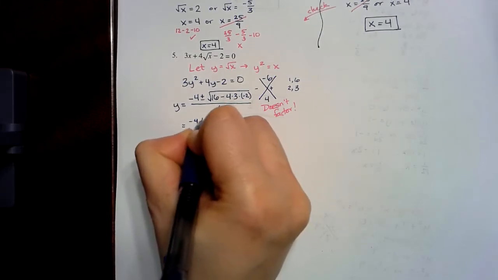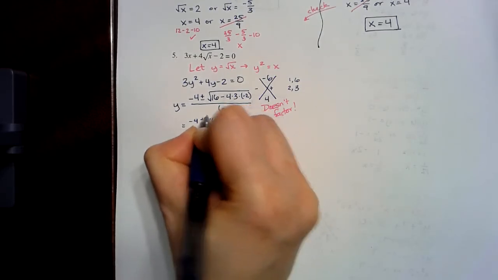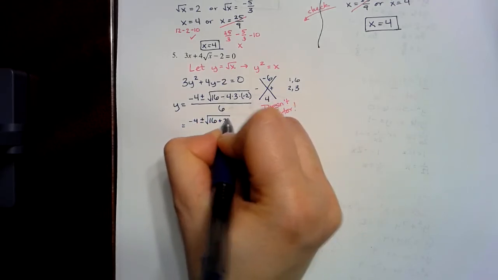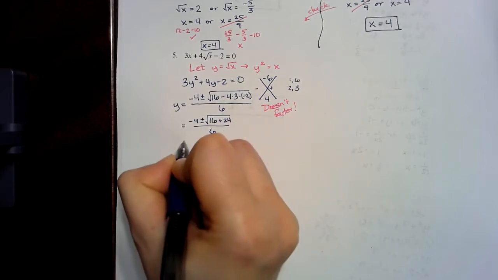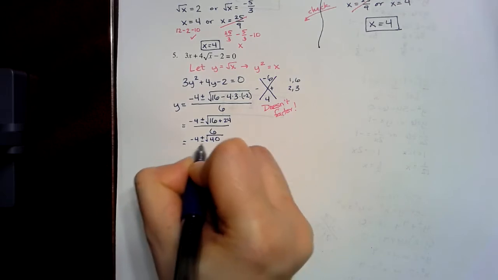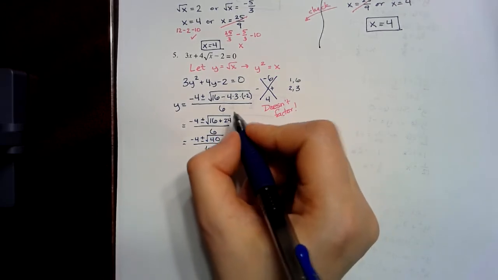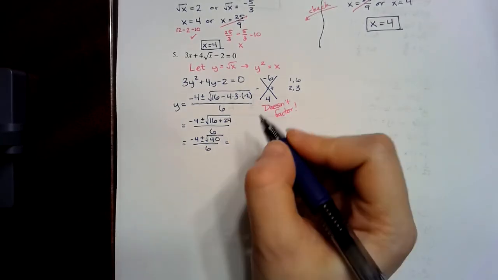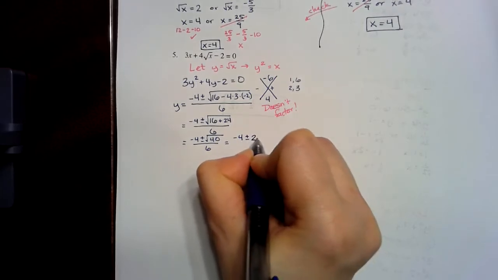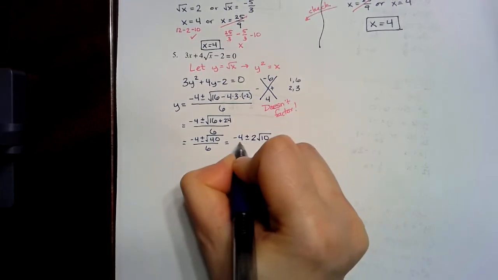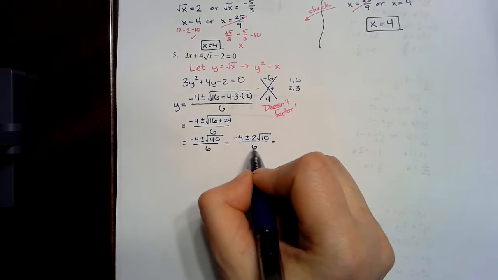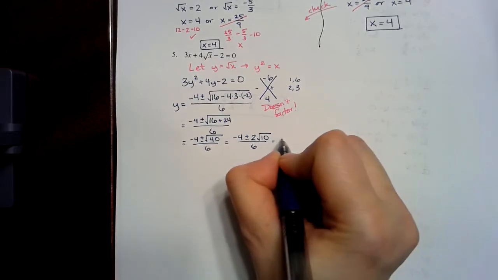So I'm going to get negative 4 plus or minus the root of 16 plus 24, which is negative 4 plus or minus the root of 40 over 6. The root of 40 simplifies. There's a 4, which is a perfect square sitting inside. So I can pull that out. And now I notice that all these pieces are even, so I can divide top and bottom of this fraction by 2.